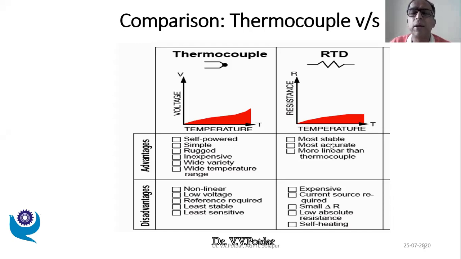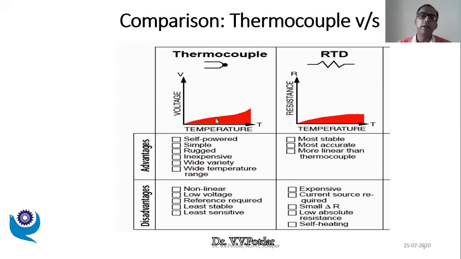It is more accurate than a thermocouple, and more linear than a thermocouple. This is very important. So what do you mean by linearity? We have already seen that with an increase in temperature, we see an almost linear or proportionate change in resistance in RTDs, whereas a thermocouple shows linearity only up to a certain range.